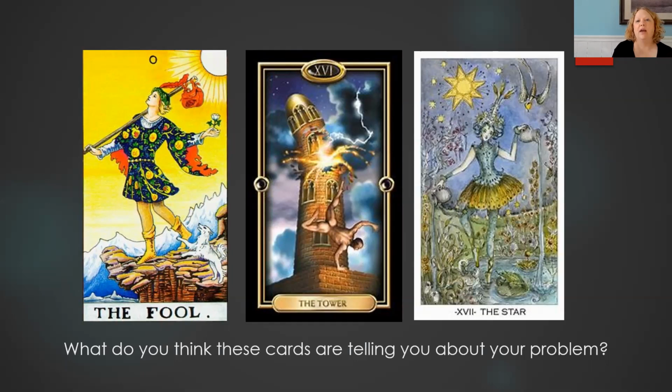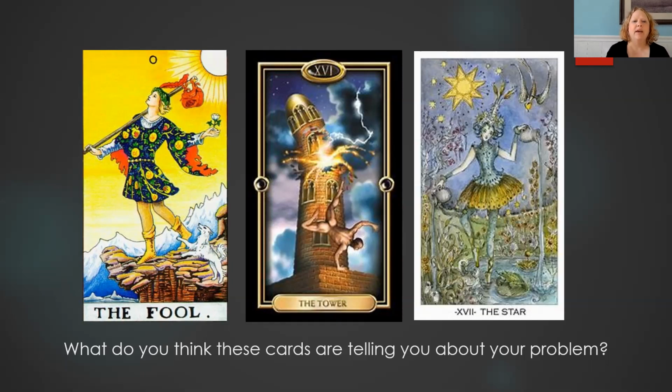Okay, and what we have here, these are cards from a tarot deck, which often people that are very spiritual or mystical use. And a very famous psychologist by the name of Carl Jung would use these in his practice. And it wasn't that he believed in the power of the tarot card.